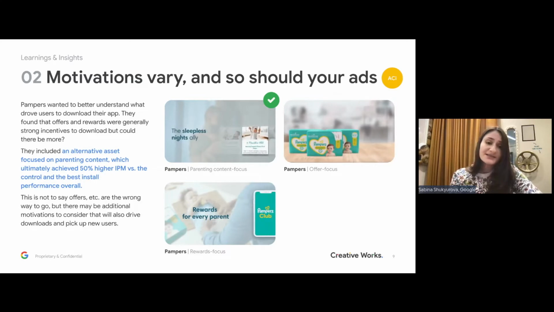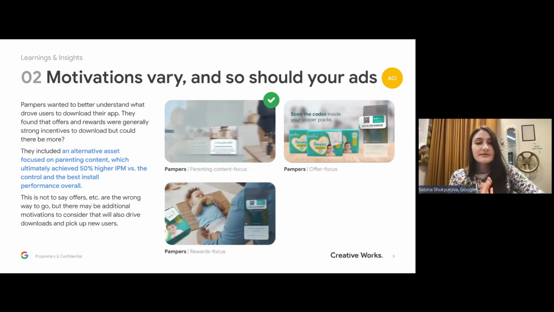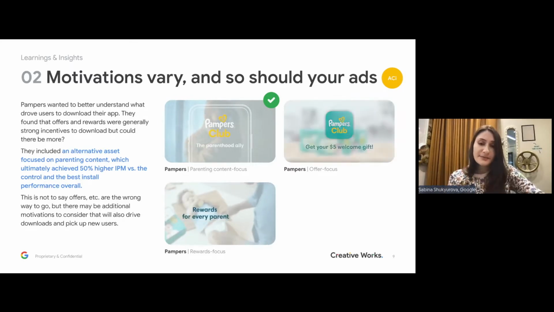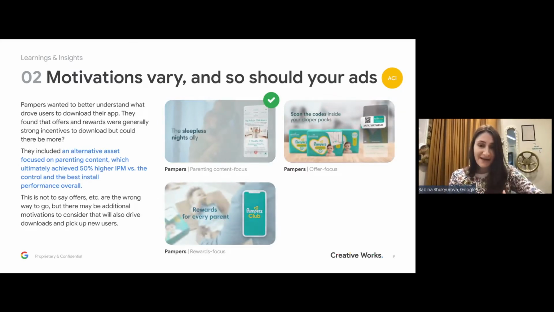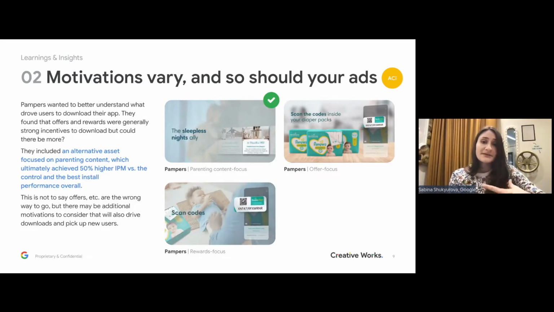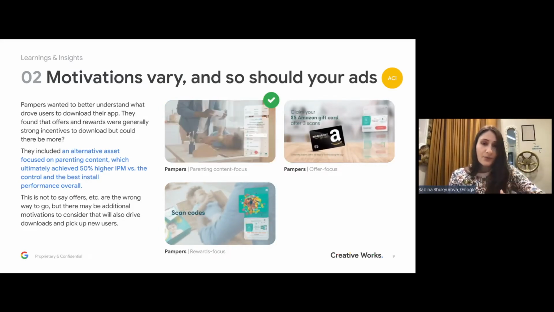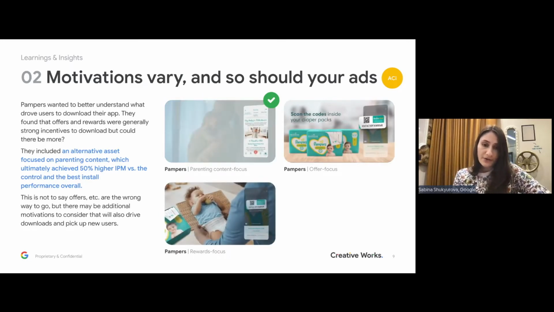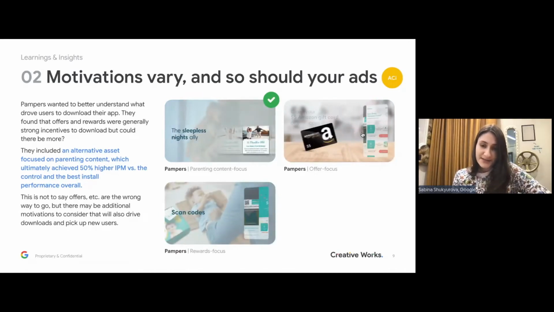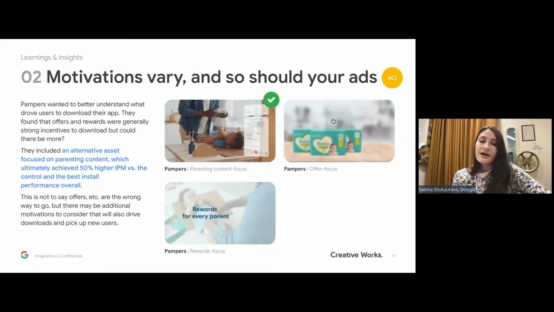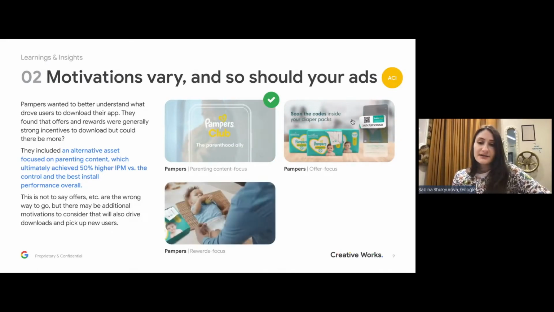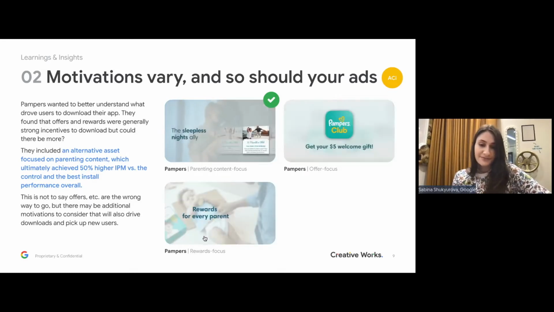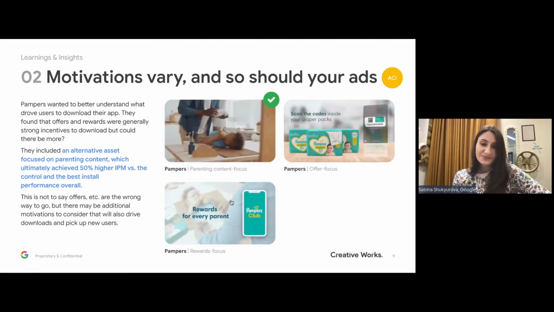So they considered that people used this app just to understand what rewards they might have and what offers they might have. And so they assumed that people would be motivated most of all by the information about rewards and information about offers. And here is what you can see here. This is on the right, an offer-focused video campaign, and here, bottom, rewards-focused video creative.